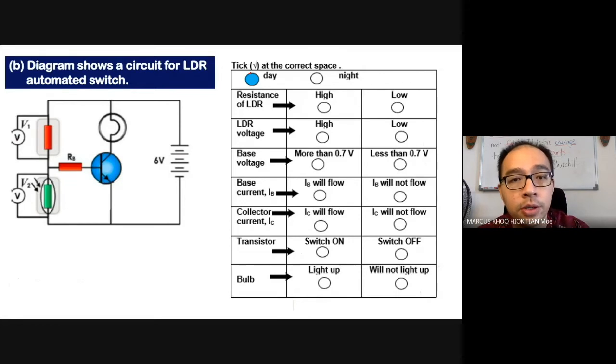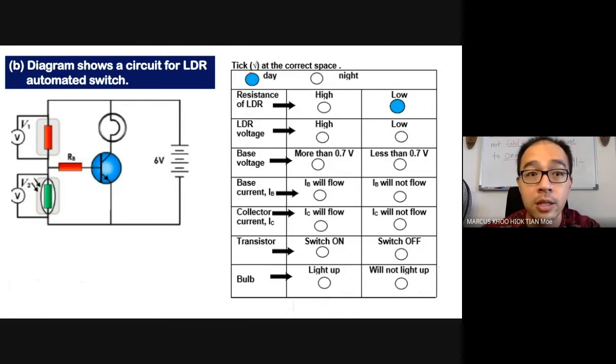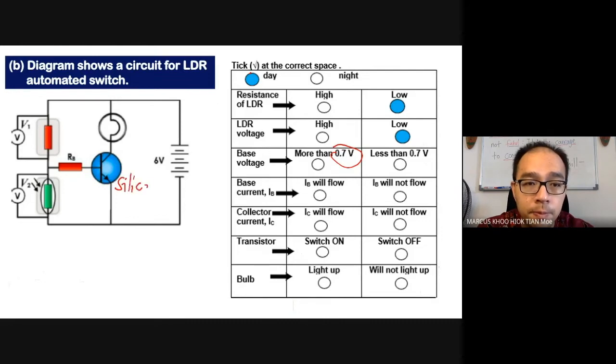Resistance of LDR will be low. Daytime resistance is low, light dependent resistor. So the LDR voltage di sini will be low. So since the LDR voltage is low, the base voltage will be less than 0.7. Why 0.7? Because we assume that this is silicon. So it will be less than 0.7.